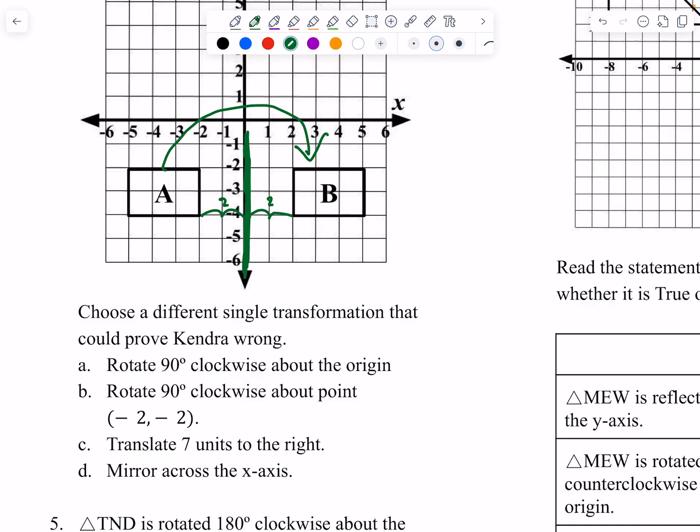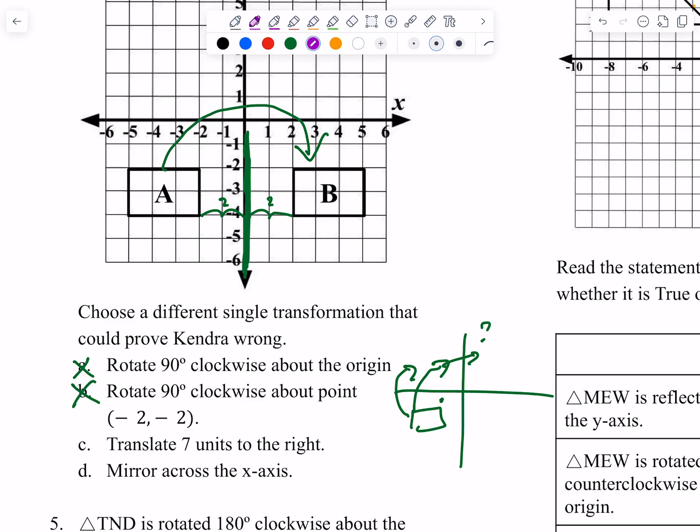Okay, so a rotation of 90 degrees clockwise. If my rectangle is here, if I rotate it clockwise, it should end up there. So that is wrong. If I rotate it clockwise about the point -2, -2, it'll still end up somewhere over there, over here. I don't know. But it's not going to be in the last one because it's only 90 degrees, so that's wrong.